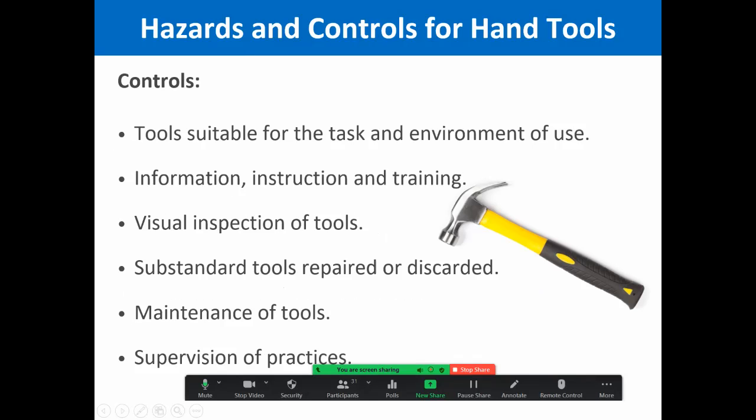Okay, the controls of hand tools: the tools should be suitable for the task and environment of use. So the tool, whichever you use, should be suitable for the task and environment of use. For example, in some areas such as gas plants or hydrocarbon plants, petrol or oil plants, you are not allowed to use any sparking tools, any metallic tools, because metallic tools generate a spark, and that spark can be sufficient to ignite a flammable atmosphere.